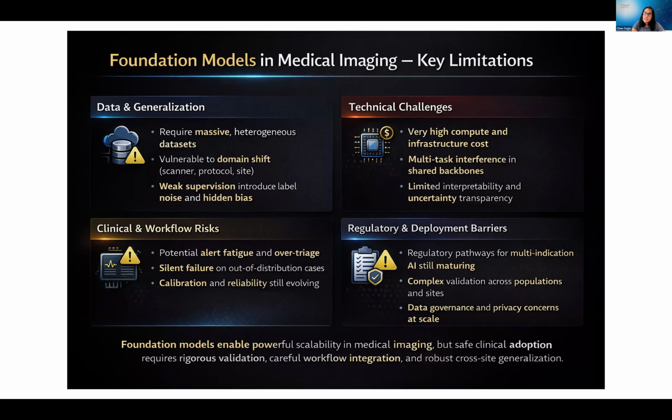Because when your foundation model fails, you need to know that. Sometimes if you are using something which doesn't work well, but it doesn't tell you that it doesn't work well, having a false victory can be more dangerous than a failure. So this is something that you really have to pay attention to.